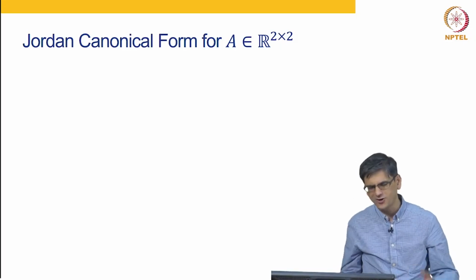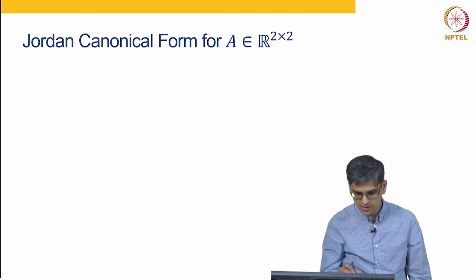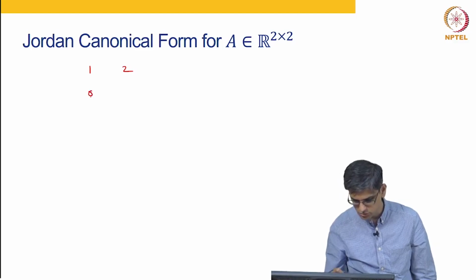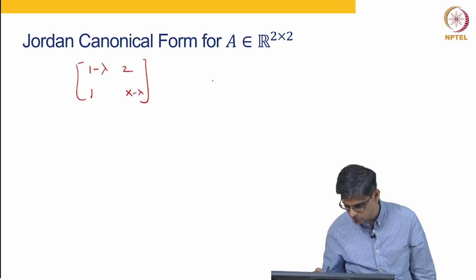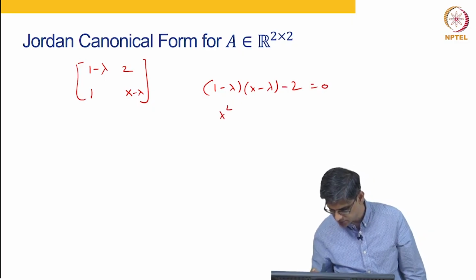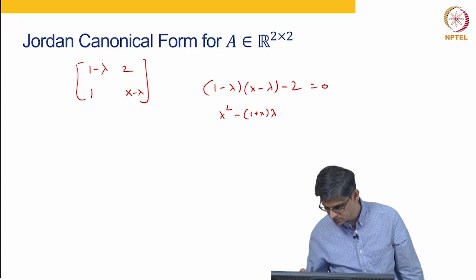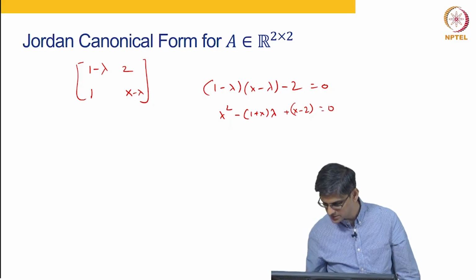Unfortunately or fortunately, it is not all that unfortunate. So, sometimes what happens is you have repeated eigenvalues. Let us say 1, 2, 1, something x. If you want to get the eigenvalues, we will have 1 minus lambda, x minus lambda, minus 2 equal to 0. How will you complete squares?